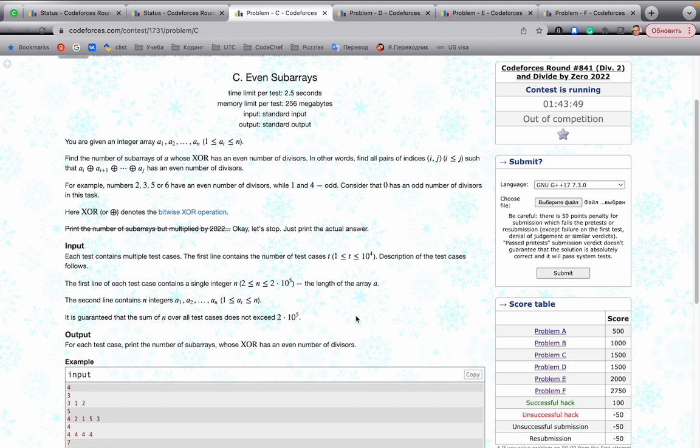When we encounter a new prefix XOR, for a given number we know what should have been the prefix XOR at the left border to have this number, and so we just look how many times we had that XOR, and yeah, that's it.